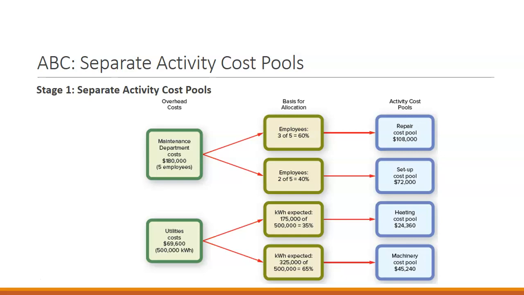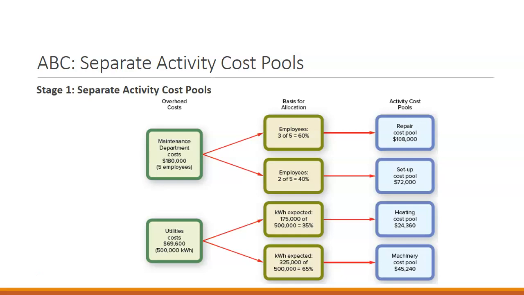Then with utilities, we're going to divide that out by kilowatt hours. So we have heating and then running machines. We anticipate that heating takes up 35% of our yearly kilowatts, and that running machinery takes 65%. So we take our total utility cost of $69,600 times 35%, and we allocate that cost of $24,360 to the heating cost pool.